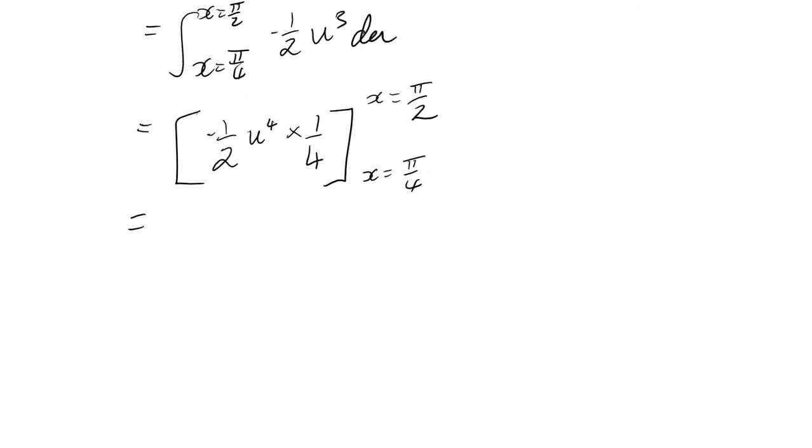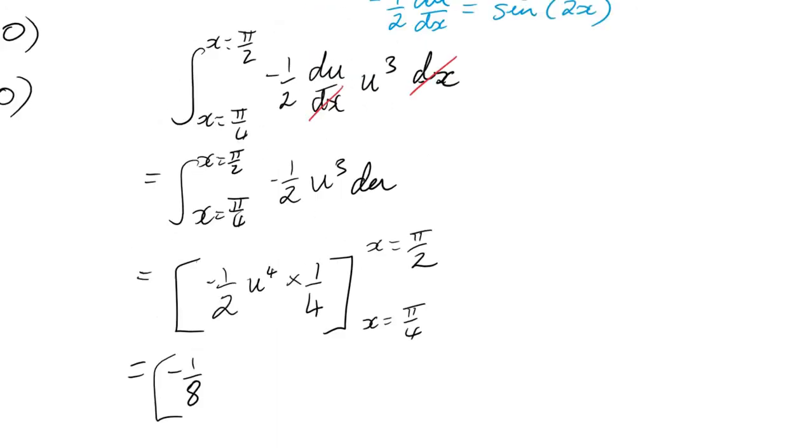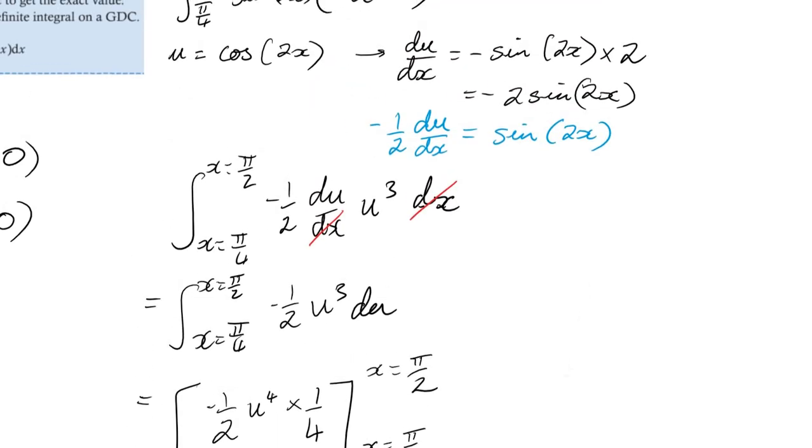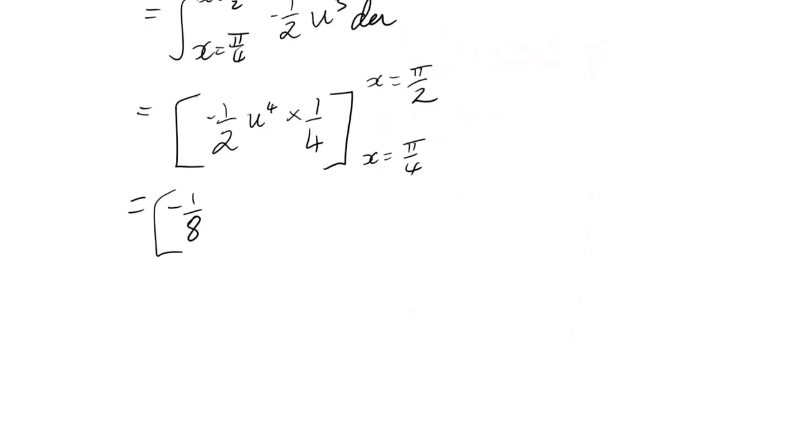Alright, so we're up to here now. That is negative 1/8. And let's put u back in. U we defined as cos of 2x. And we can get rid of the x equals because now we're back with x as our pronumeral. Right, and then from there, it's simply a matter of substituting those in.